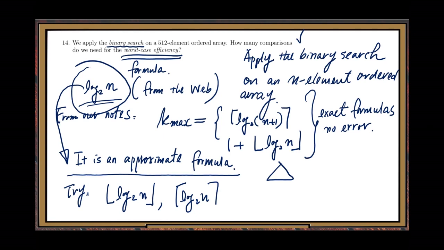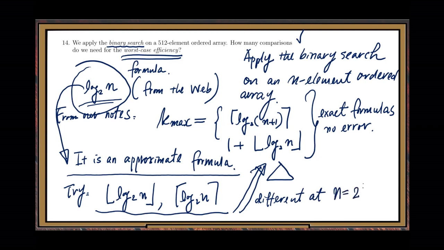If they do that, you can see it is different from our exact formula, right? Especially when n is a power of 2, they are different.